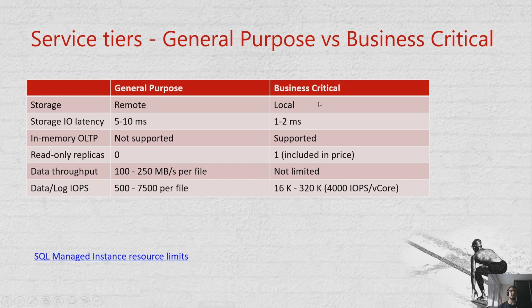That is why there is a difference in IO latency, in-memory OLTP, and so on. The second part is how high availability is implemented in these service tiers, and the full difference between them can be seen in our documentation. On the next slide, we will see more about the HA stack and the compute implementation of those service tiers.